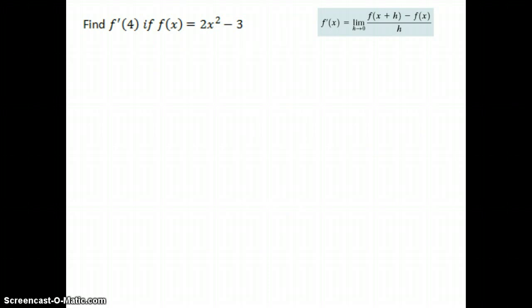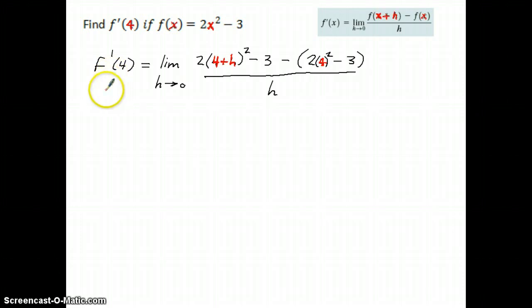Okay, so we're going to go back and figure out the derivative of a function at a specific point. We're going to find f prime of 4, but now the function's a little bit more complex. So let's go ahead and get the setup and work it from there.